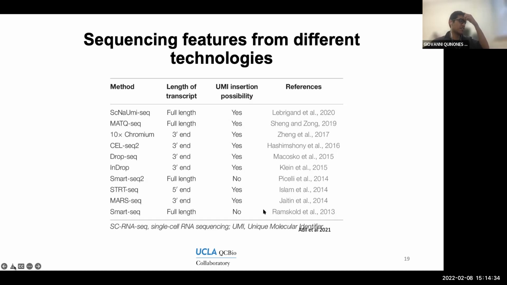So other things, of course, whatever you can identify with bulk RNA sequencing, you'll also be able to identify with full length single cell RNA sequencing, which just circles around the idea of having the full image of the transcript.